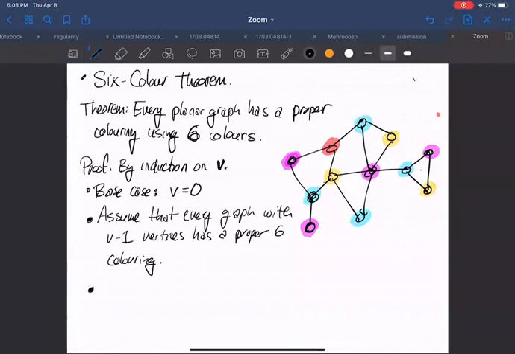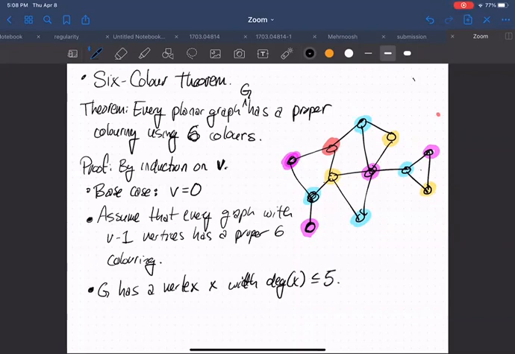And well, now we have our graph by that previous result. So every planar graph G has a vertex X with the degree of X less than or equal to 5. Okay. So here's that vertex X, let's say. 1, 2, 3, 4.